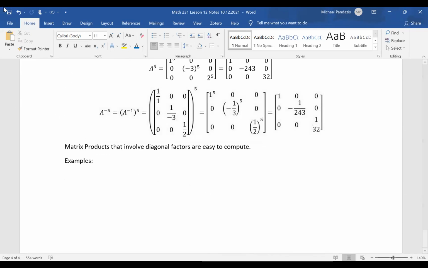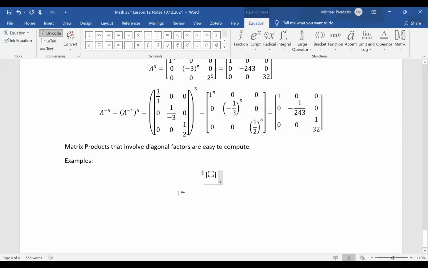These are examples of multiplying matrices where at least one of them is a diagonal matrix. For instance, let's say you have this 3 by 3 matrix where the diagonal entries are D1, D2, and D3, and all the other entries are 0.